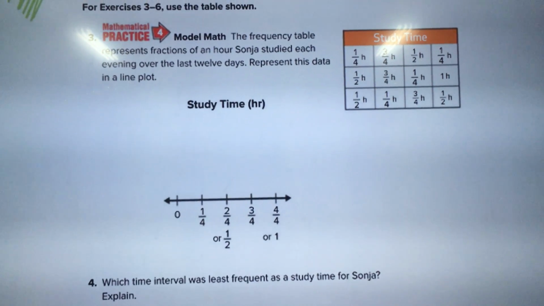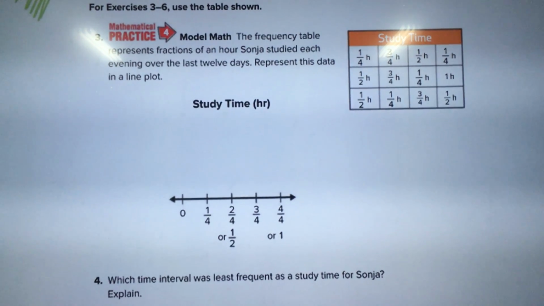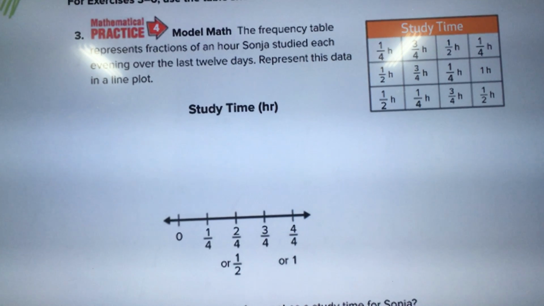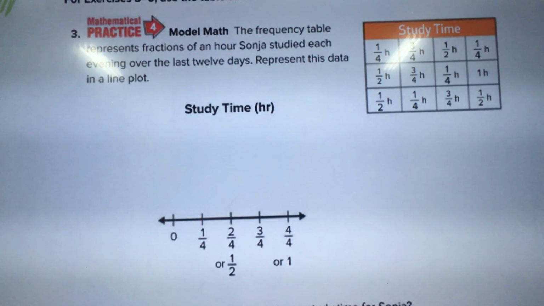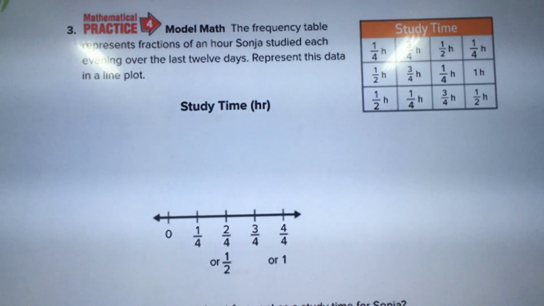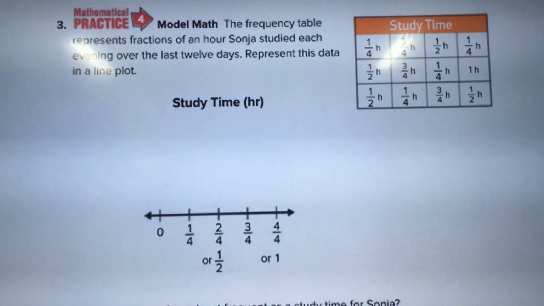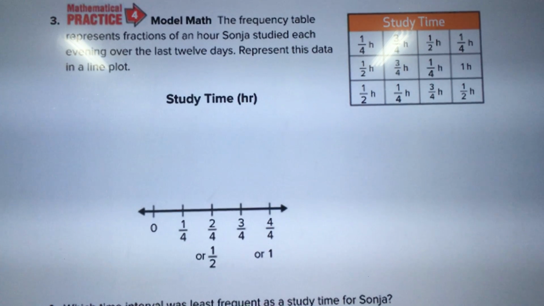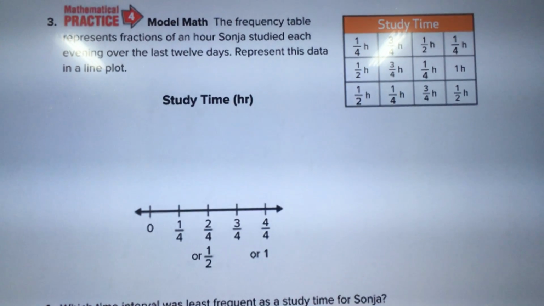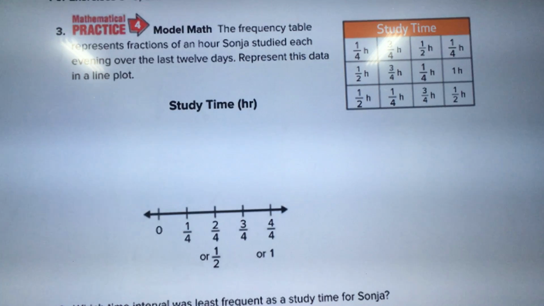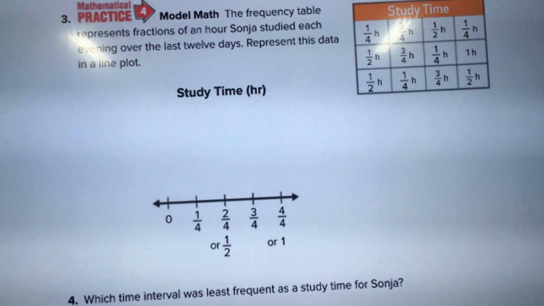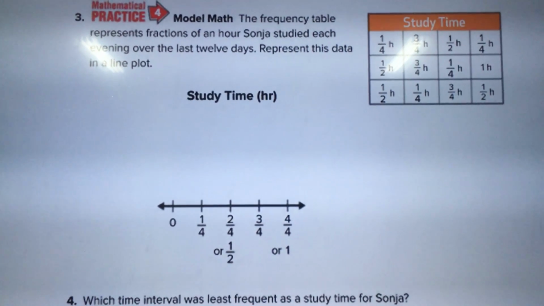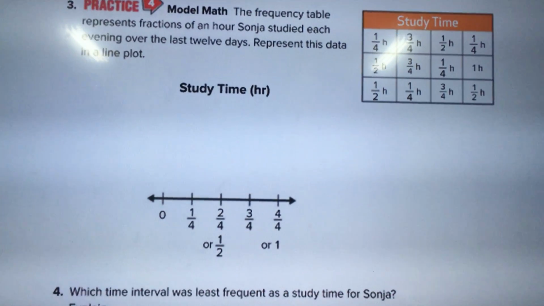This is already random, not in the tally chart. Who can represent this using a line plot? I'm giving you just 1 minute to think about this. Okay. Now we have to start.